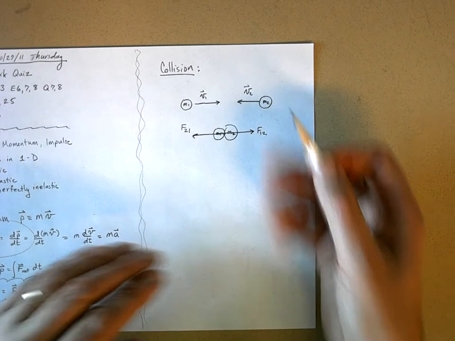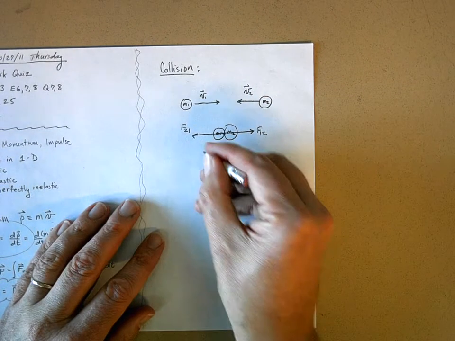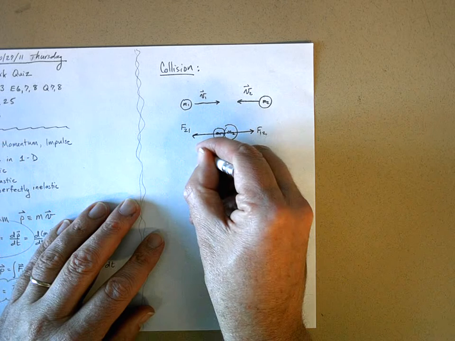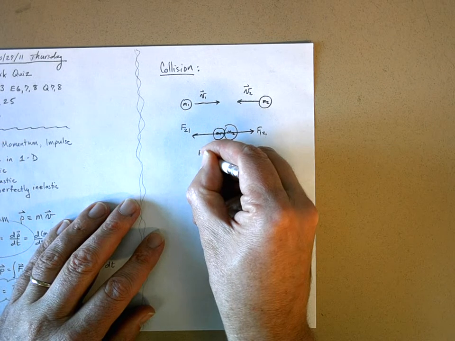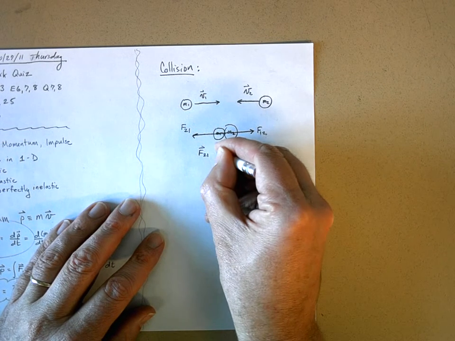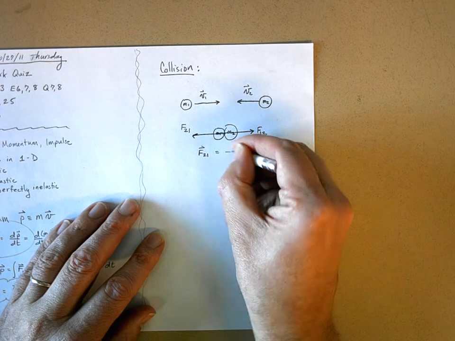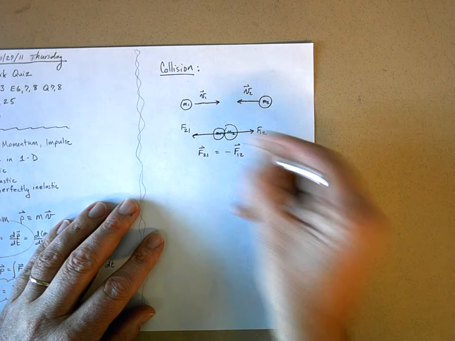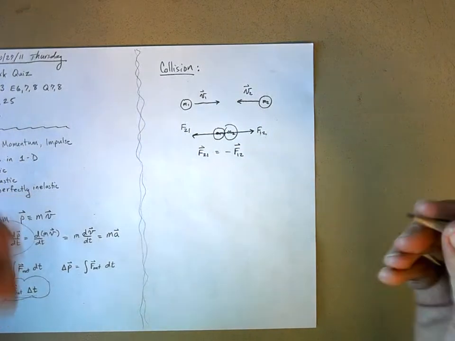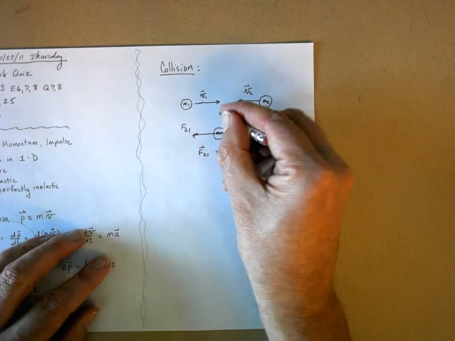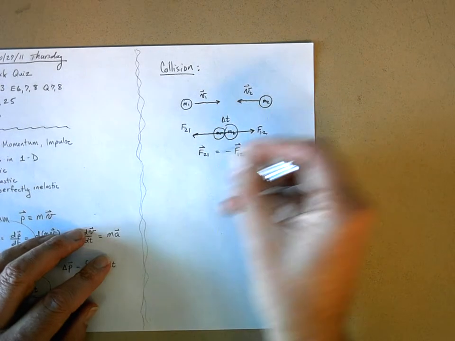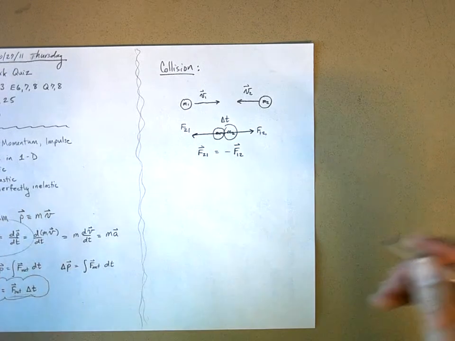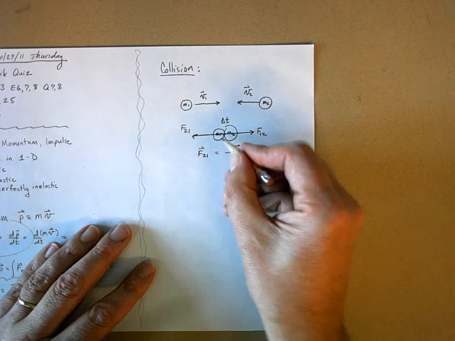They're identically the same. Well, here's what I know. I know that the force of 2 on 1 is equal, but in the opposite direction, to the force of 1 on 2, right? But they are happening for the same amount of time, delta t. So let's multiply these forces by the amount of time the forces are being applied to each ball.